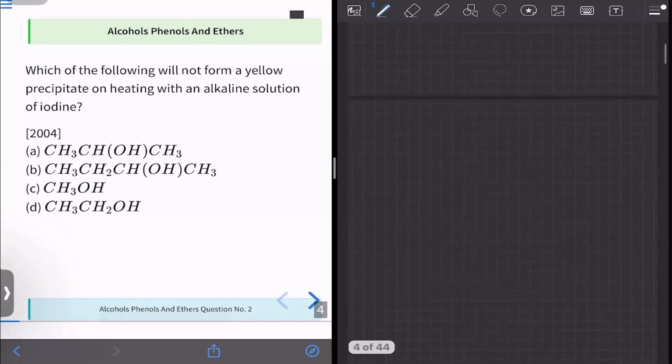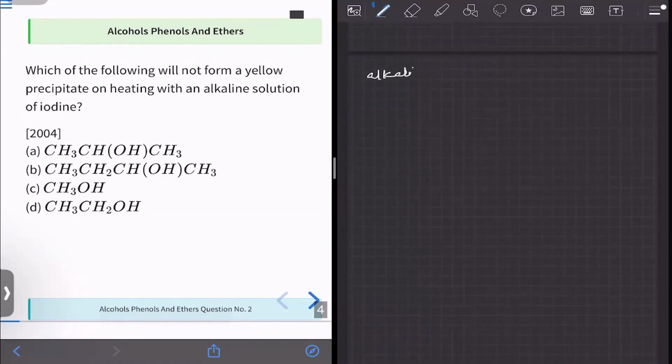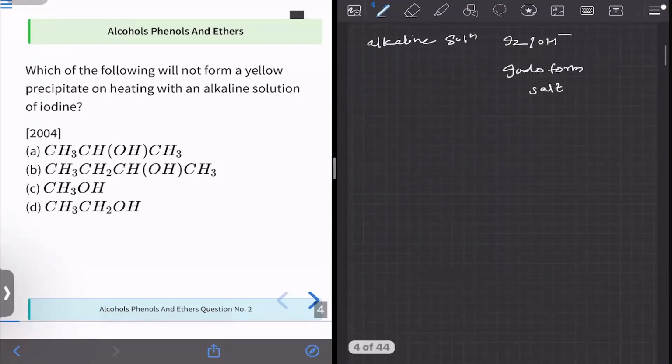Second question. Which of the following will not form a yellow precipitate on heating with an alkaline solution of iodine? An alkaline solution of iodine is the iodoform reagent, that is I2 with OH minus. See, which group reacts with the iodoform reagent?